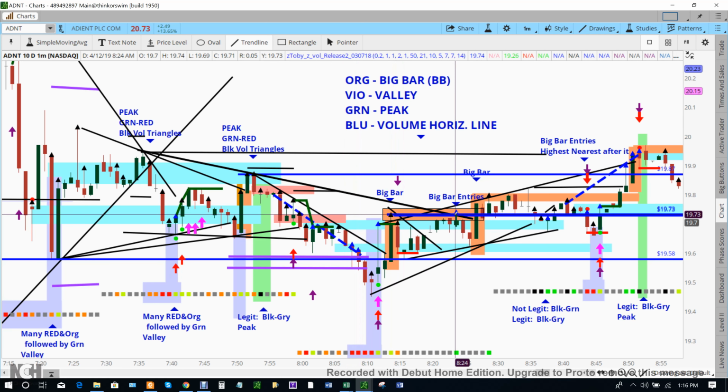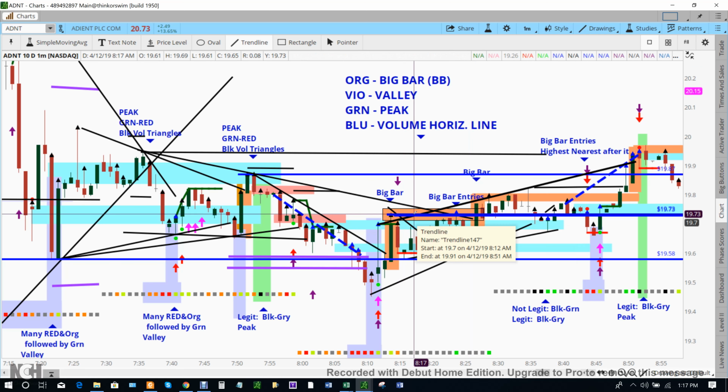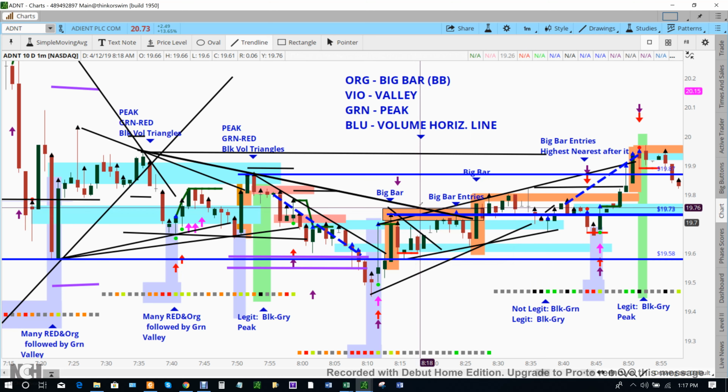Here's a peak and here's a peak, and so now the question is, will it break through this peak line? And if it does break through that horizontal line, it's also going to have to break through this diagonal line.